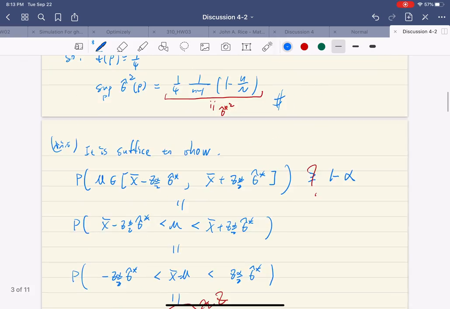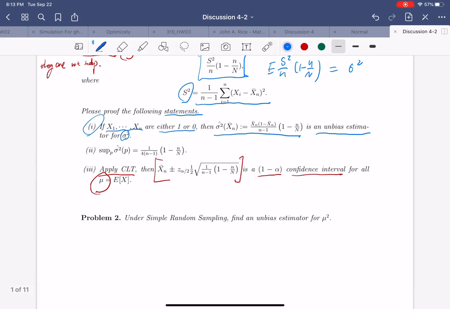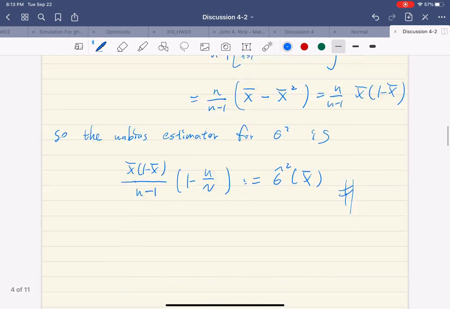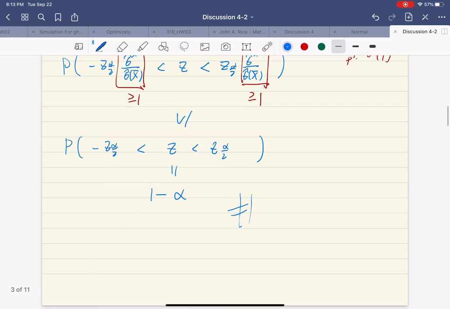So next, question 3. We want to find the unbiased estimate for mu square under simple random sampling.